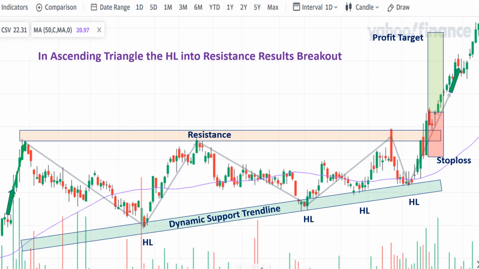This strategy exemplifies how to effectively trade an ascending triangle pattern, capitalizing on breakout opportunities with careful risk management and profit target placement.